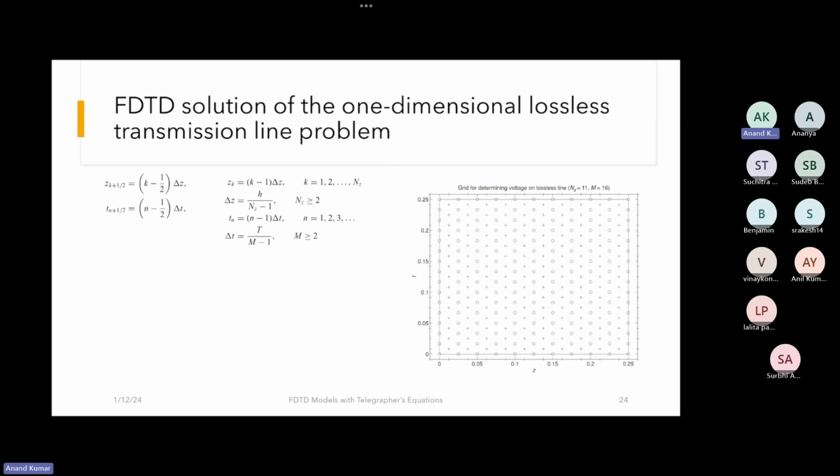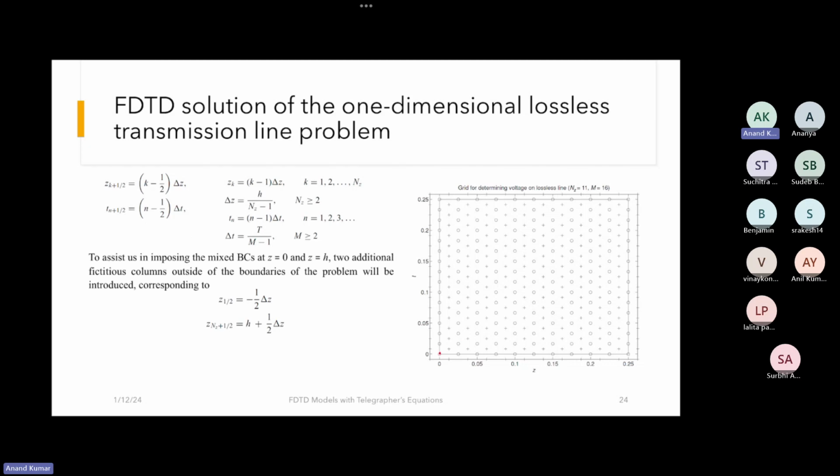Since we also have to implement the boundary conditions, and your simulation space starts from this particular point and ends over here, in the next slides we'll see that to calculate the value of electric field and magnetic field at these points, you will need the value of the previous time instant as well as the next time instant.